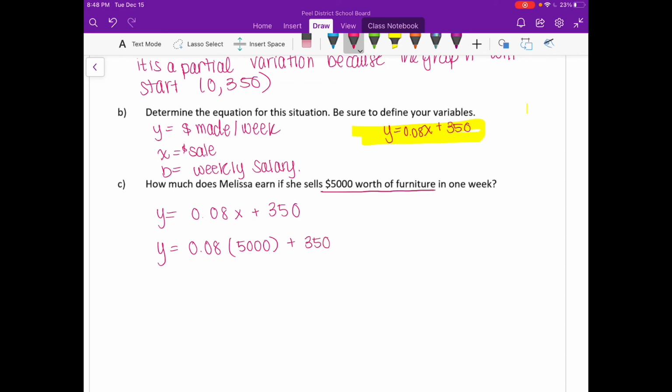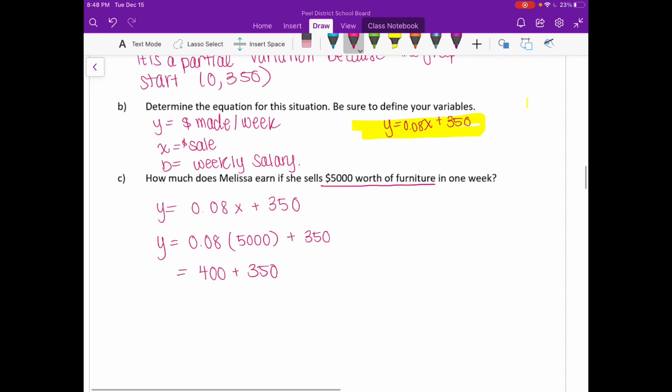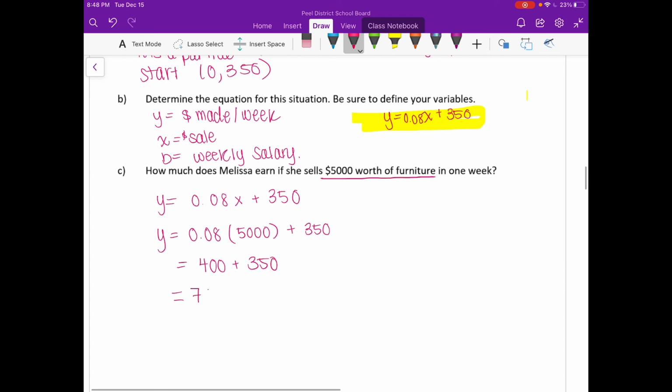So right off the bat, what's 0.08? So 8% of 5,000 is going to be 400, right? So she'll make $400 in commission plus the $350 she's making regardless. So altogether, she'll have made $750 a week.